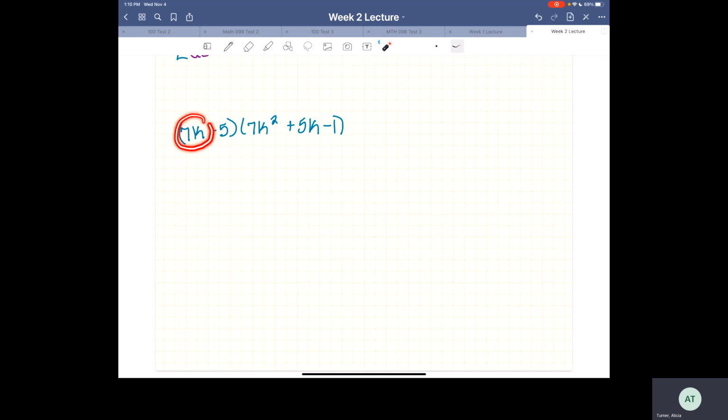So the first thing I'm going to do is take 7k and distribute it to everything in the trinomial. Then I'm going to take minus 5, and I'm going to distribute again. Okay, it's not FOIL, but it's very similar to FOIL because we are distributing everything to all parts of the trinomial.